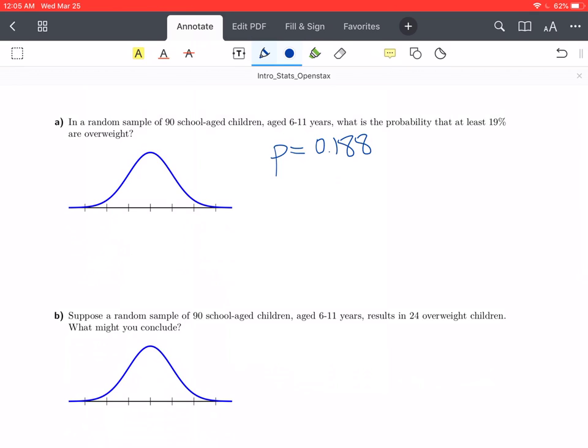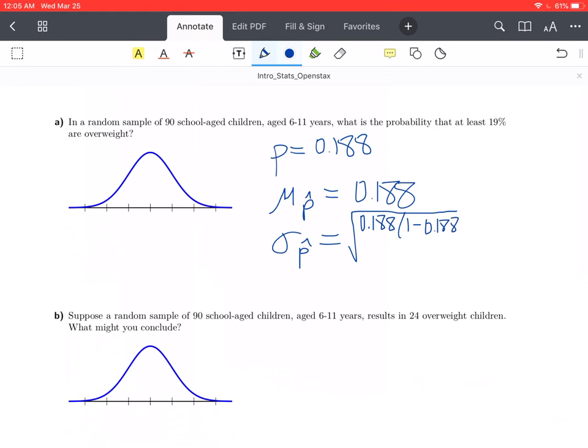And then our mean for P hat is going to be 0.188, right, because that's just P. Our standard deviation for P hat is going to be the square root of 0.188 times 1 minus 0.188 all over n, and this is a sample of 90 children, which, if we compute that, is approximately equal to 0.0412.